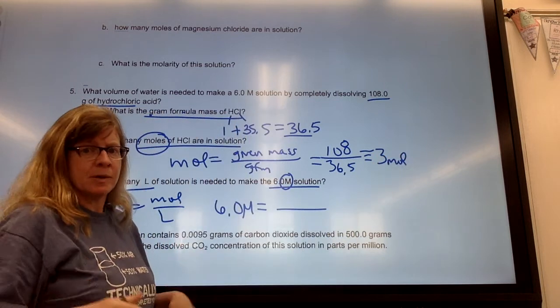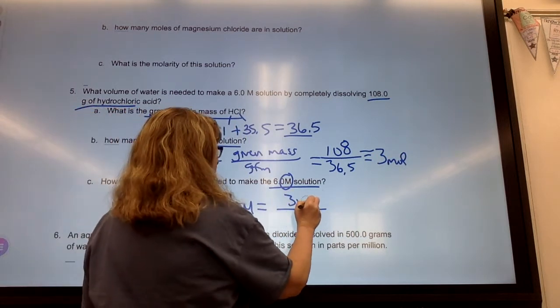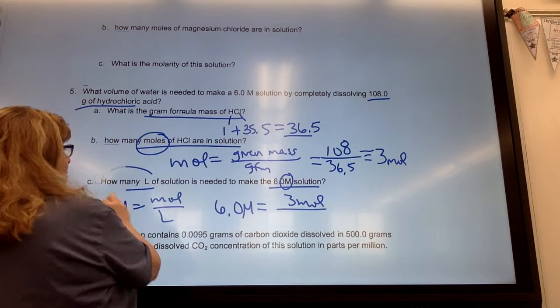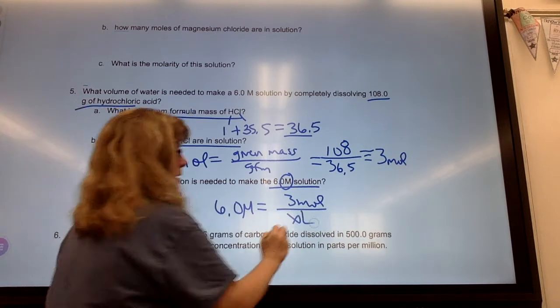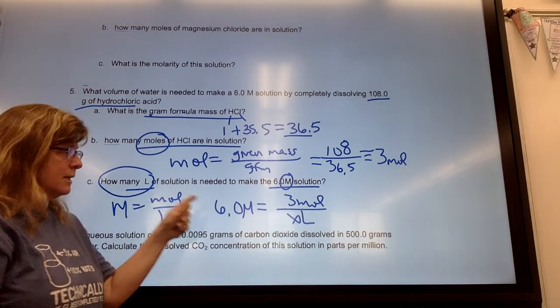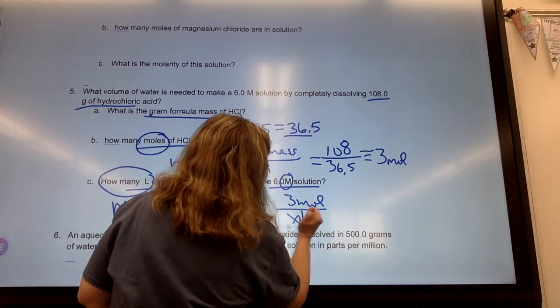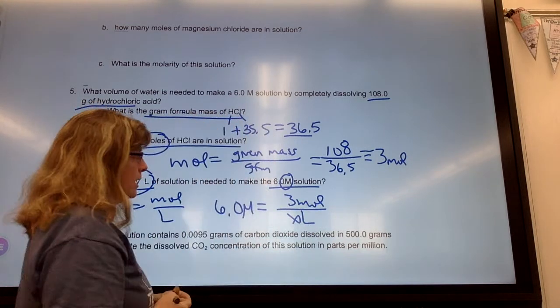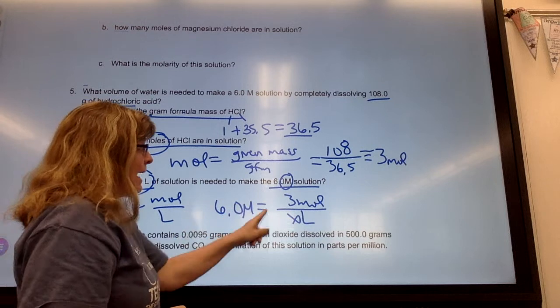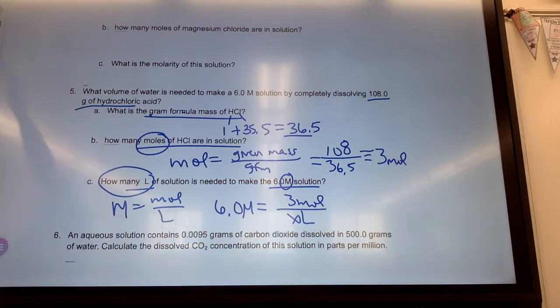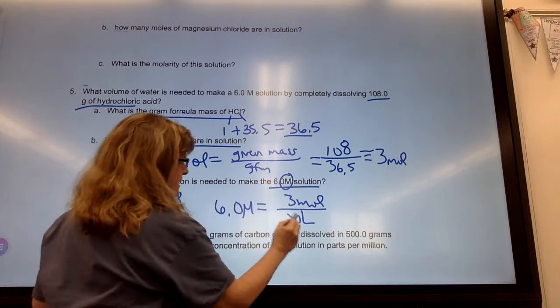Okay, I'm rounding, but 3 moles. And we don't know how many liters. So X liters, or if you're just writing X, if that looks weird to you, just X. But okay, so now I have to solve for this X.